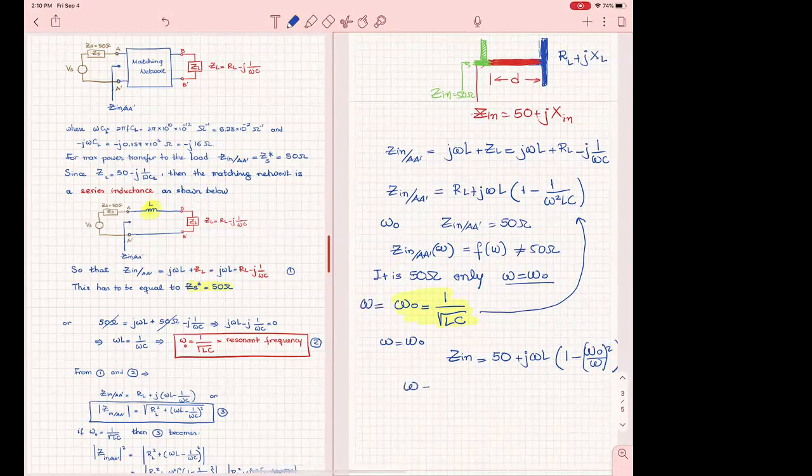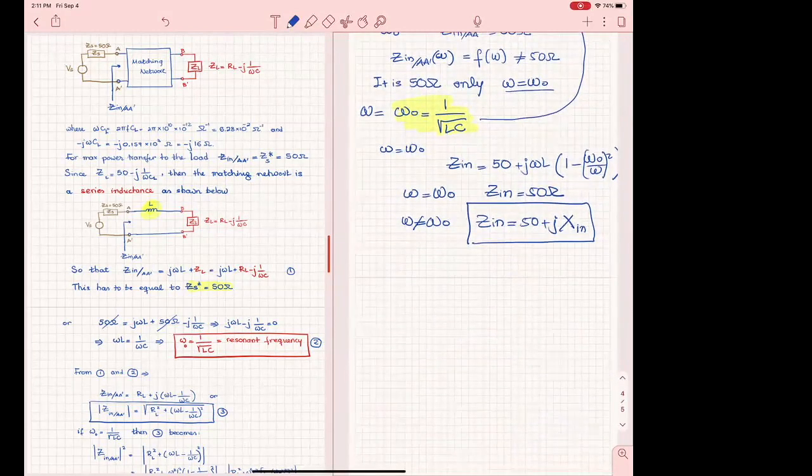When omega is omega naught, that very specific frequency, then Z in is 50 ohms. And when omega is different than omega naught, then Z in has a real 50 plus an imaginary part, which is different than 0.